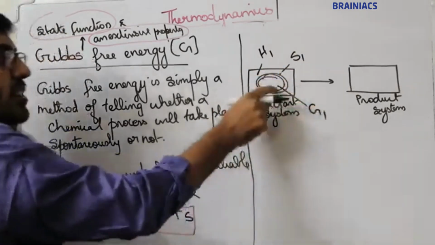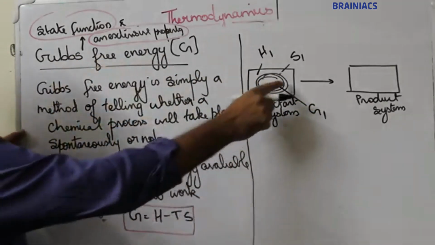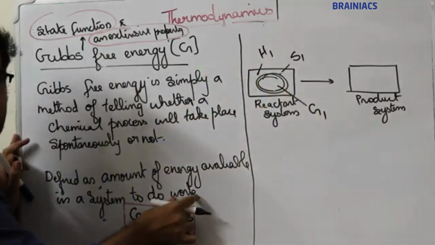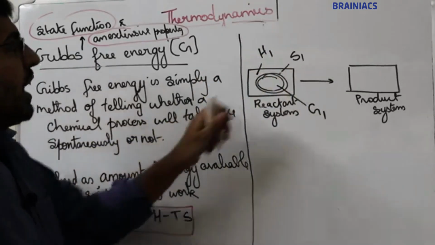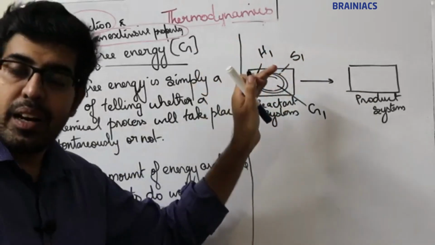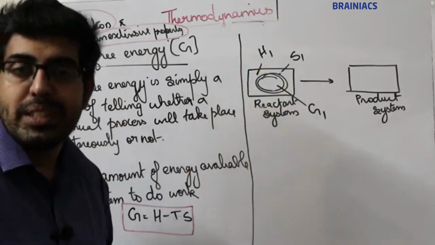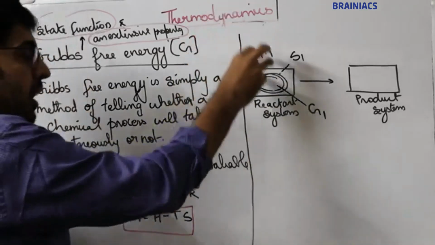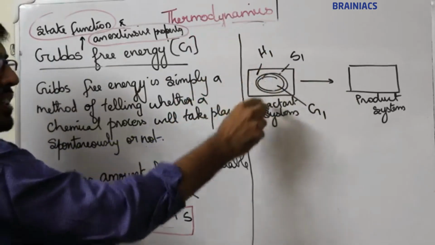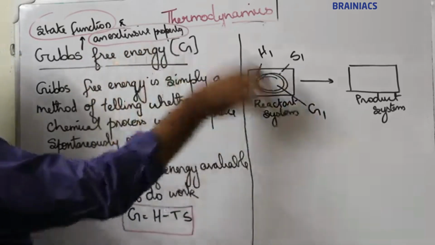This is the available energy in a system to do work or a process.